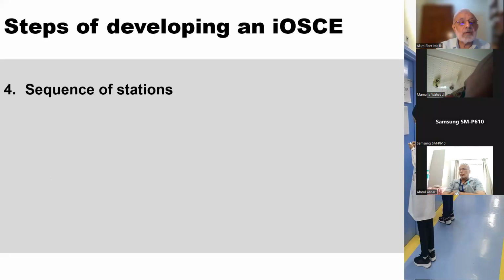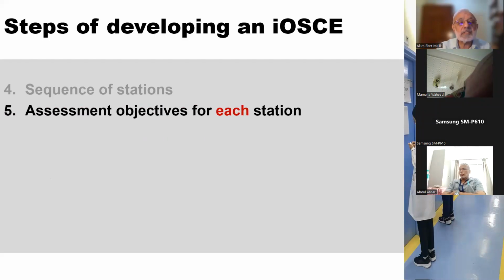Then the sequence of stations, then assessment objectives for each station. Now we had overall or overarching objectives for a set of integrated OSCE, and because each integrated OSCE may have 4 or 5 stations, we need to have assessment objectives for each station.